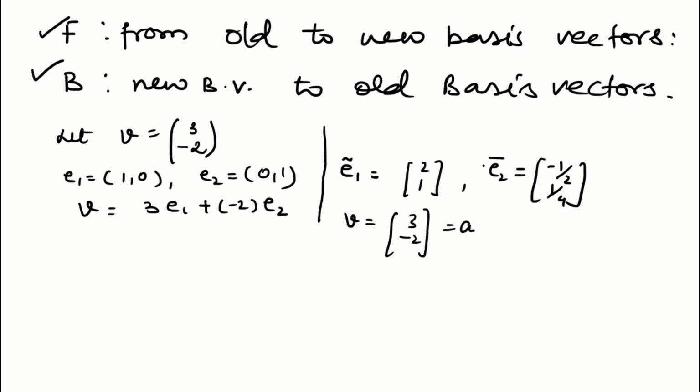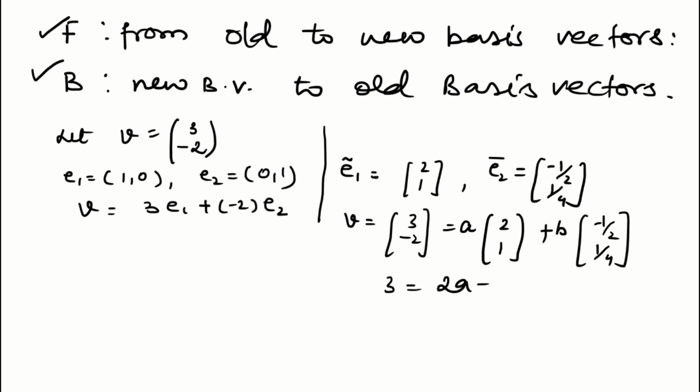Let us say A is the component associated with E1 tilde and the other component is B, which is associated with E2 tilde. So let's find A and B. Here we will have two equations: 3 equals 2A minus B/2, and the other equation will be minus 2 equals A plus B/4.